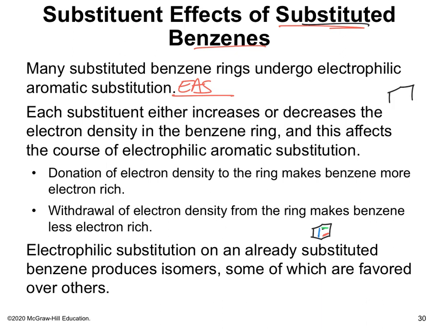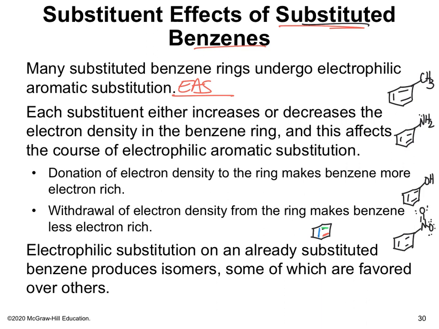Okay, so we're going to start looking at reactions where your starting material might be toluene. Or what if it's aniline? What if it's phenol? What if it's a nitro group?